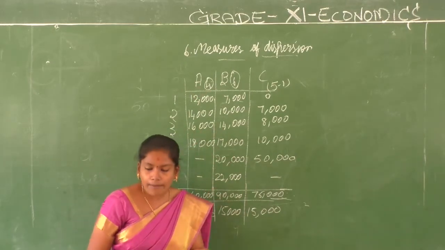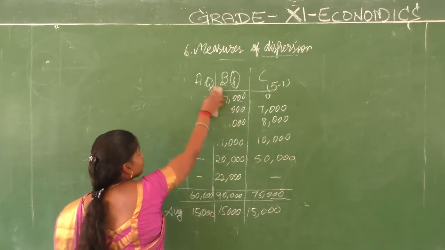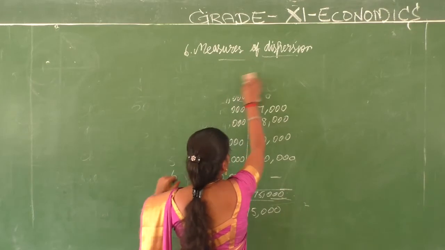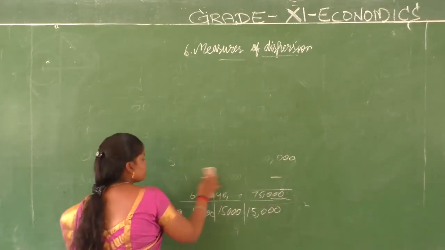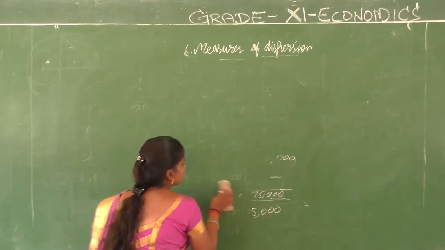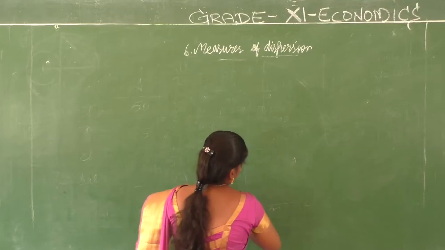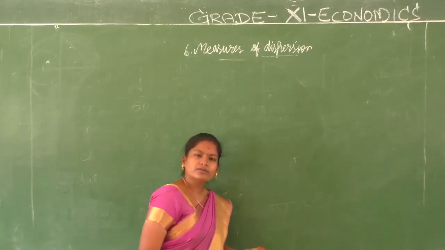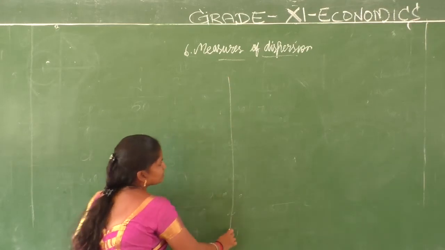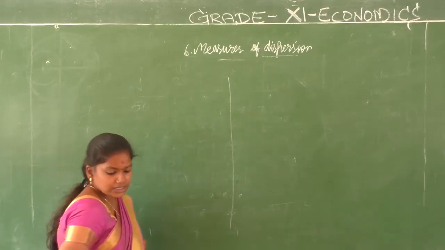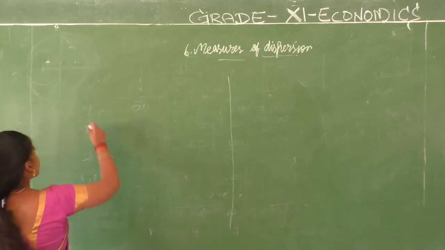So to understand this variability only, we are going to discuss the measures of dispersion, because central tendency did not worry about the variability of data. That's why we are moving to another measure called measures of dispersion. Right, children?